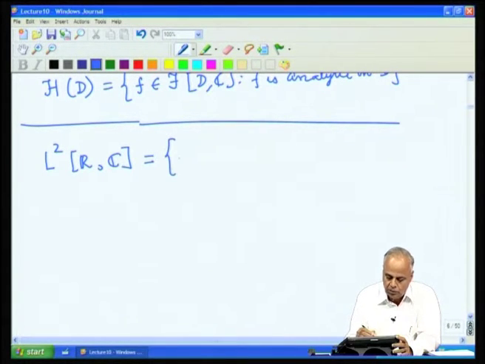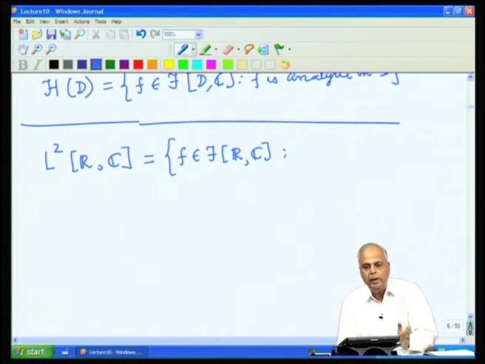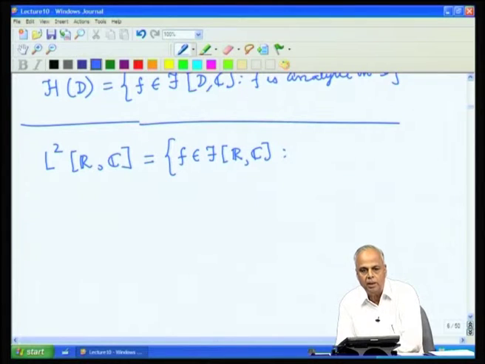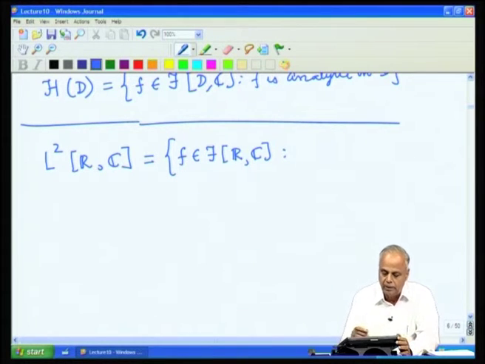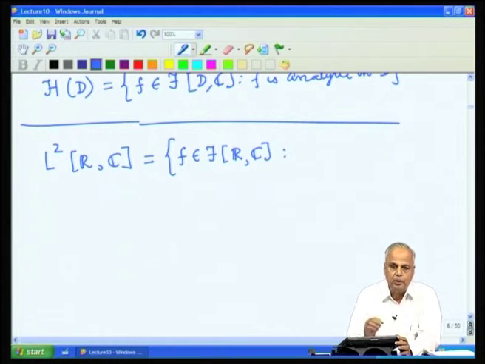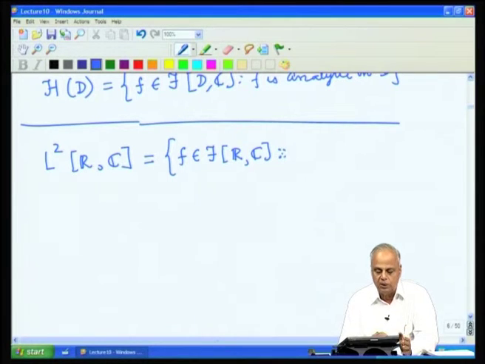Recall, this means we are looking at all functions from R to C. That means they are defined for all values of the real number t. So, f(t) is a function of t where t can vary from minus infinity to infinity over the real numbers, and f(t), the value of the function at the point t, is a complex number. So, it is a complex valued function of a real variable, and we are not going to look at all such functions.